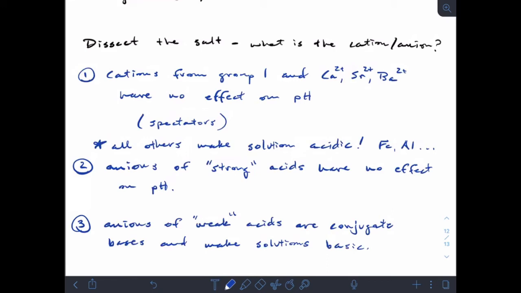So cations that are not group 1, calcium, strontium, barium will make things acidic. Anions of strong acids have no effect, and anions of weak acids will make things basic.